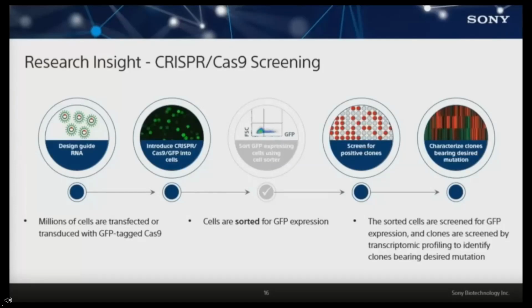The sorted cells are screened for GFP expression, and clones are screened by transcriptomic profiling to identify those clones bearing a desired mutation. So again, not a complex workflow, but very critical to identify these GFP positive cells, and then taking that data and interpreting the transcriptomic profiling data.